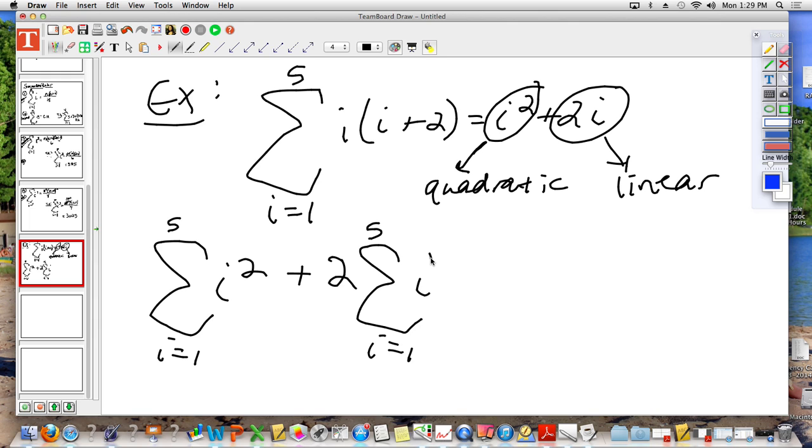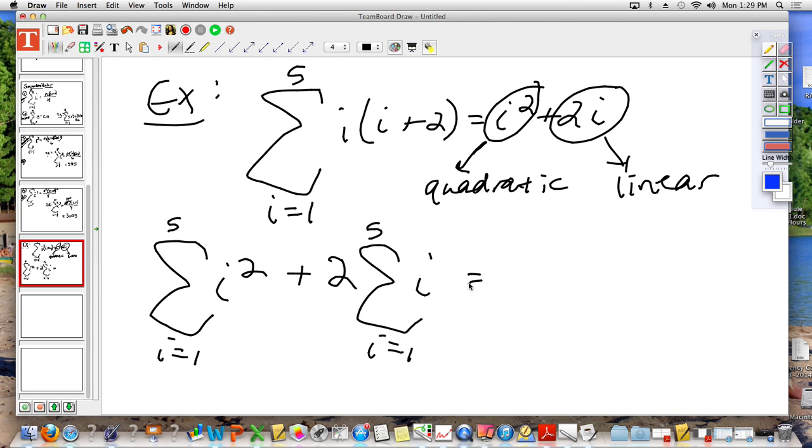All right, help me out here. I squared. Now, I have to be honest with you, I don't have the rules memorized. I'm sure you don't either. So what is the rule for i squared? What is the rule for a square? n times n plus 1 times 2n plus 1, divided by 6.